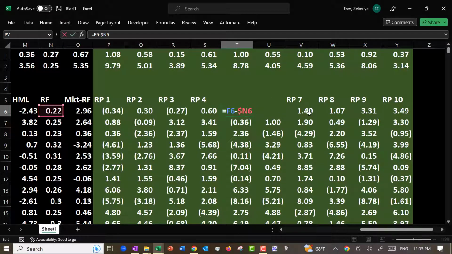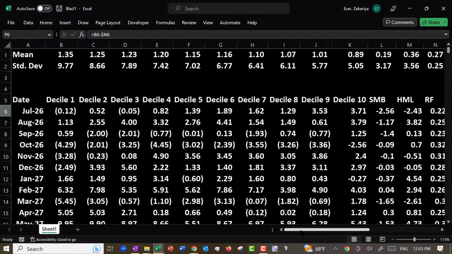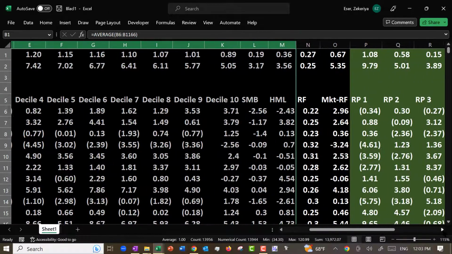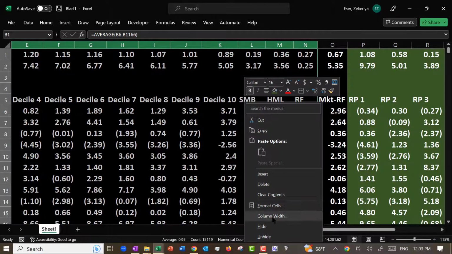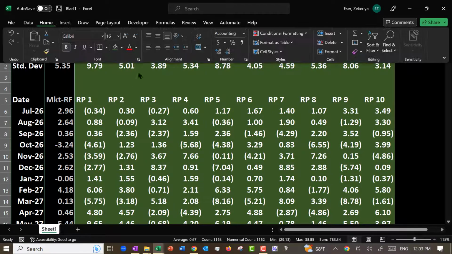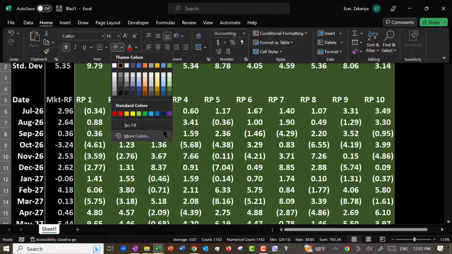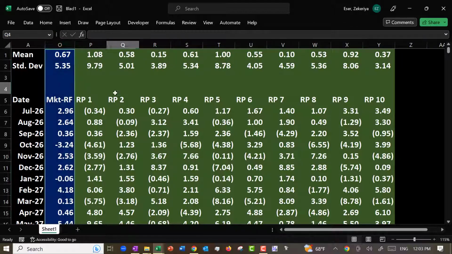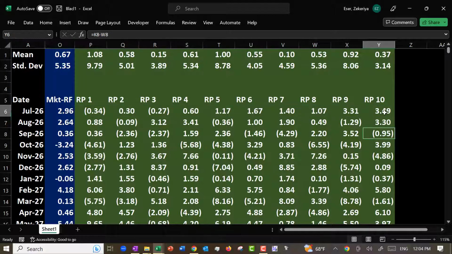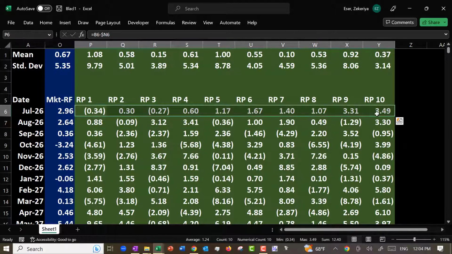Let's hide these again, just for what I'm going to do next, I don't need to see them. And let's color that dark blue. Okay, now it's better. All right.